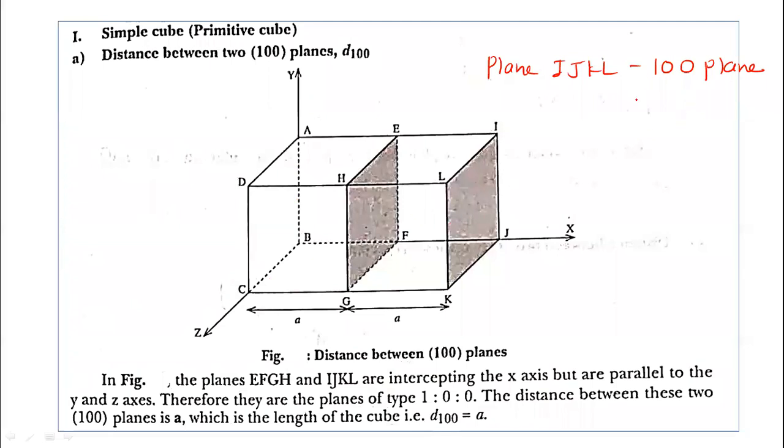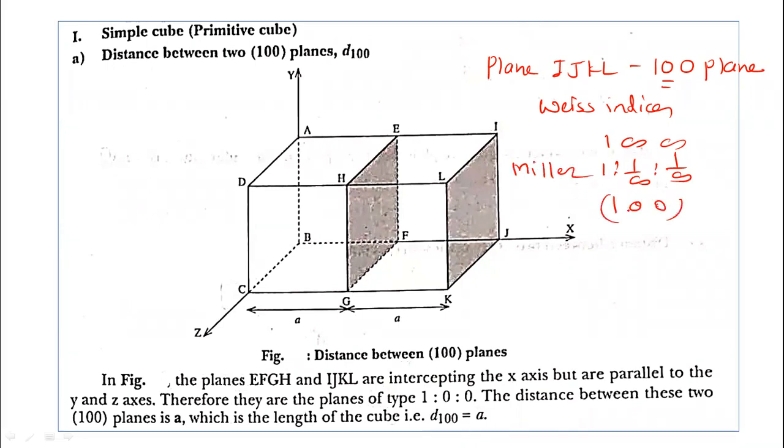So it will intersect at infinity along the y and z axes. So the intercepts are one, infinity, infinity, and if we take the reciprocal to find the Miller indices, it is 1 as to 1 upon infinity. So the Miller indices are 1, 0, 0. Hence, the plane is called the 1, 0, 0 plane. So IJKL is a 1, 0, 0 plane.